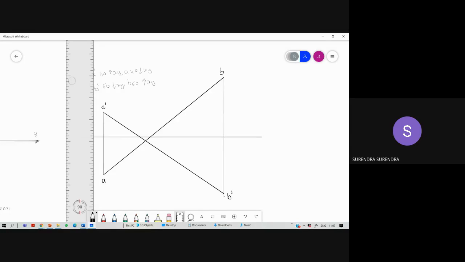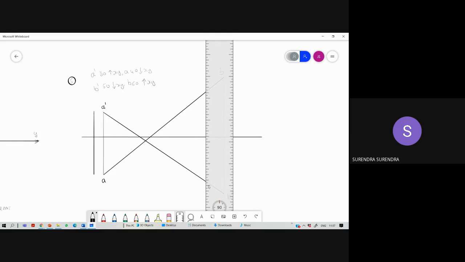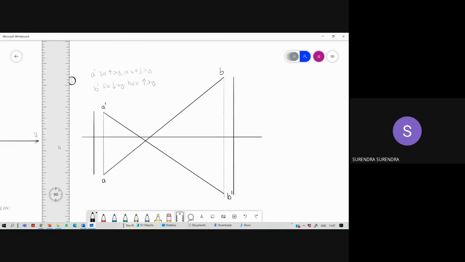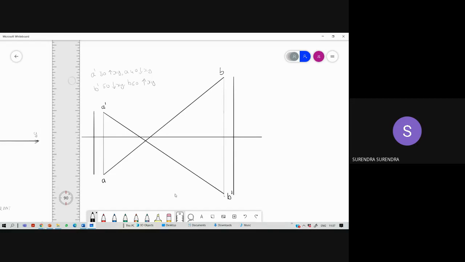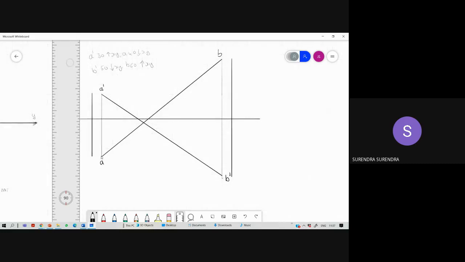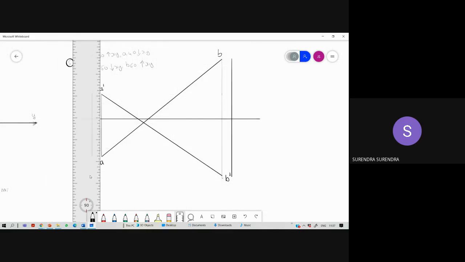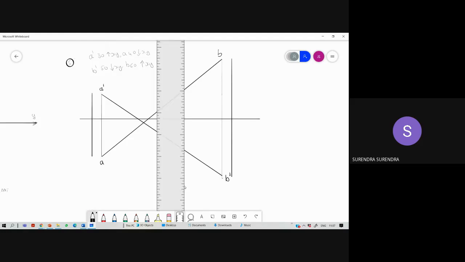The dimensions given in the problem, that is distance of A dash from XY line and distance of B comma B dash from XY line. Also, the projector distance is also given. So to represent the projector distance, extension lines are always a must. So when we draw the extension line, it is passing through A.